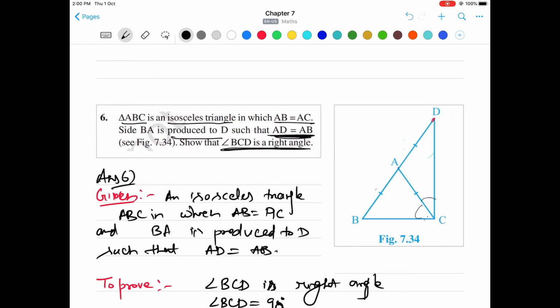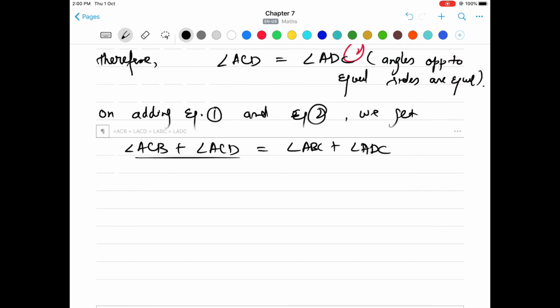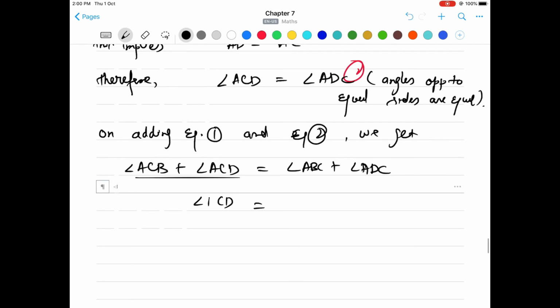When you add these two angles, you will get angle BCD. So we can replace these two angles by BCD, and we have angle BCD equals angle ABC plus angle ADC.